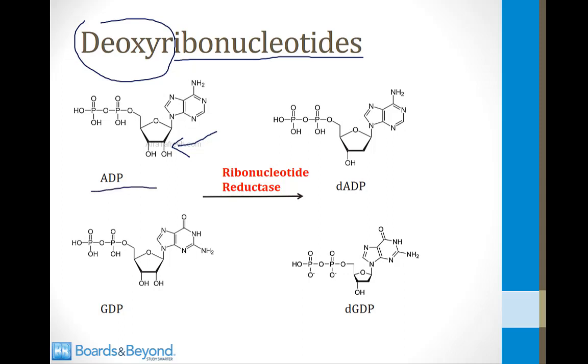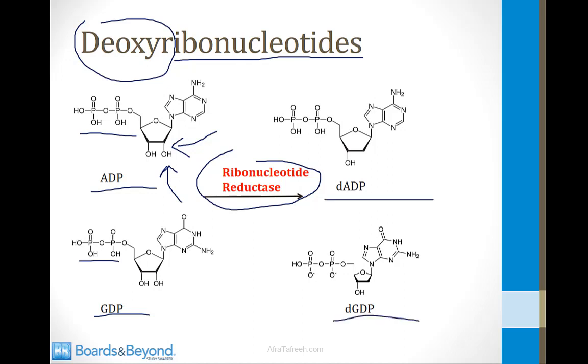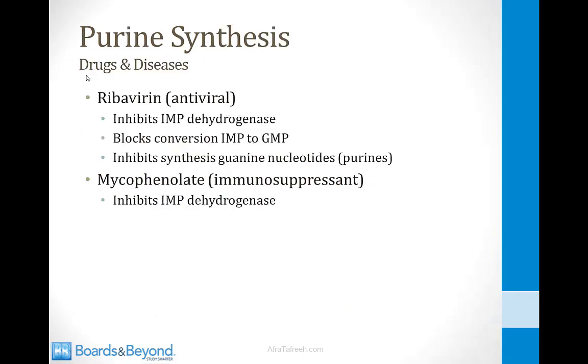So this is adenosine diphosphate with 2 phosphate groups here. This is guanosine diphosphate with 2 phosphate groups here. Once this has occurred, the enzyme ribonucleotide reductase can remove the hydroxyl group, and we then get molecules of deoxyadenosine diphosphate or deoxyguanosine diphosphate.